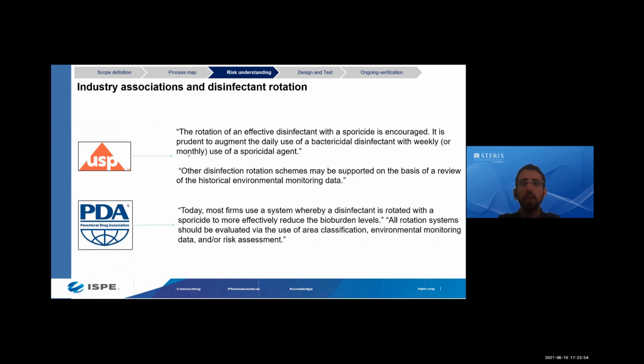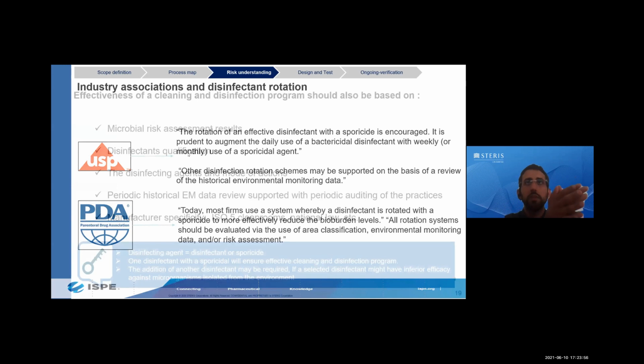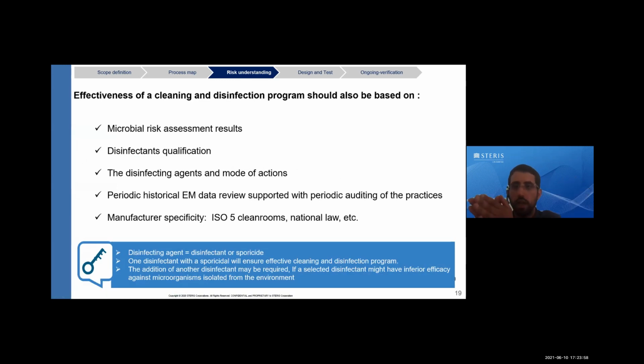So in conclusion, it is acceptable to have 1 disinfectant and a sporicide if it is supported through a microbial risk assessment, and also if your historical EM data show that you have adequate control of your bioburden. If you start to see pop-ups of microorganisms that cannot be controlled with the type of disinfecting agent that you have, then the need to have an alternative or a replacement is to be looked at.